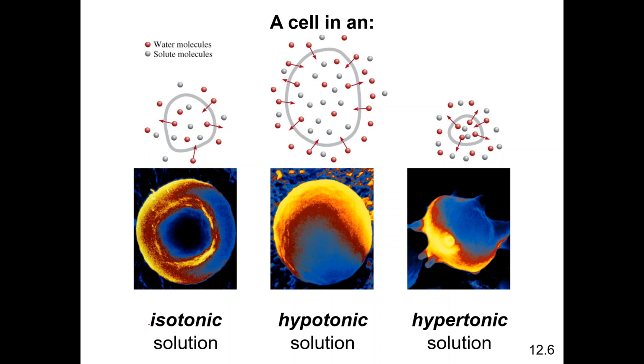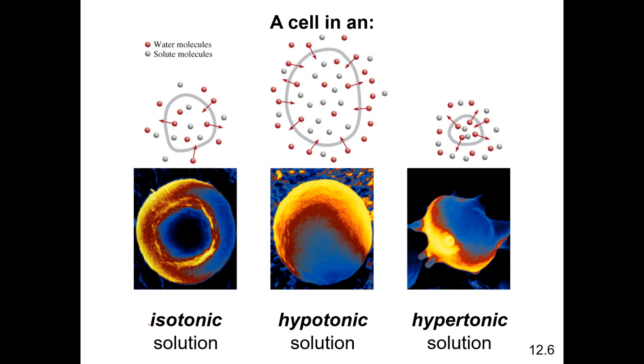The medical term for that is hemolysis. And that is something, of course, which is not desirable when it comes to taking care of patients in this way. And then we have the opposite, where the solution is more concentrated, which is hypertonic, which means that the net movement of water molecules would be from the inside to the outside of the cell, and therefore the cell will shrivel up, and that is called crenation.